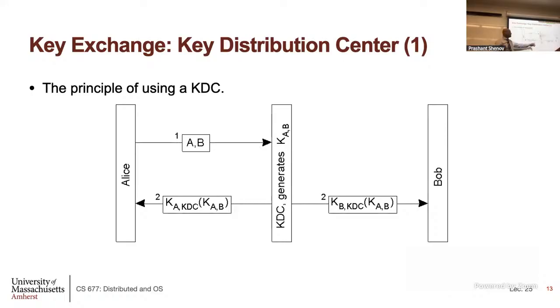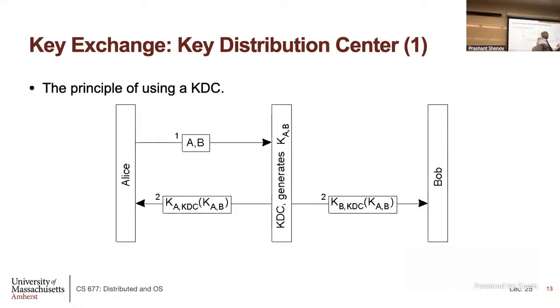Okay, the key distribution center is going to generate a secret key which is only valid for one session between Alice and Bob, which we'll call AB, which means it's a key for Alice and Bob. Okay, and that key is going to be sent to Alice in an encrypted manner. Okay, so the assumption behind the key distribution center is that Alice already has a secret key that is shared with the key distribution center that can be used for secure communication.